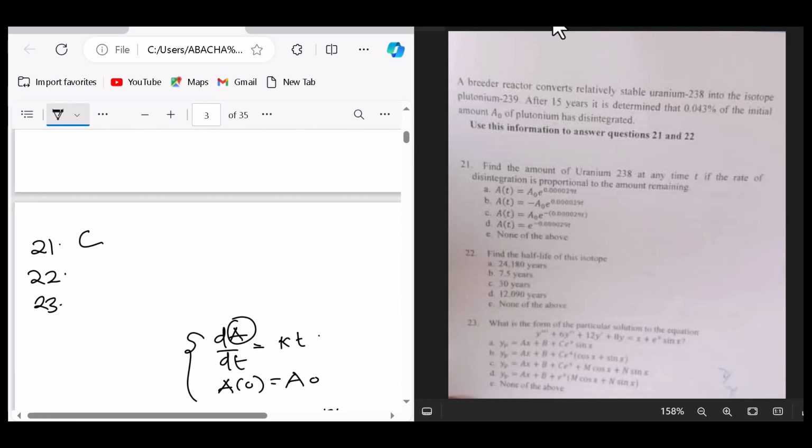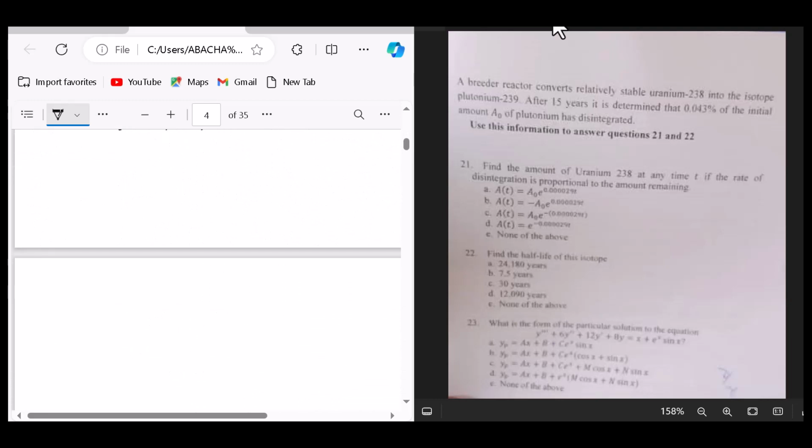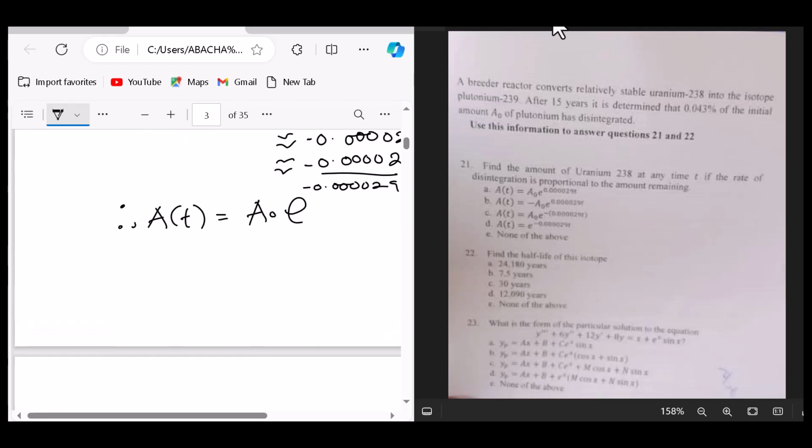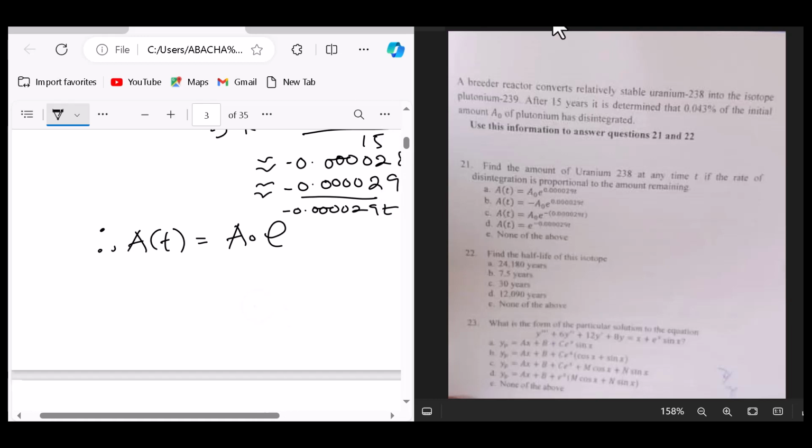Now let's look at finding the half-life of this isotope. What do they mean by half-life? Half-life is the time taken for half of the substance, the A naught, to disintegrate. We don't know the time, so it is that time that we are looking for.